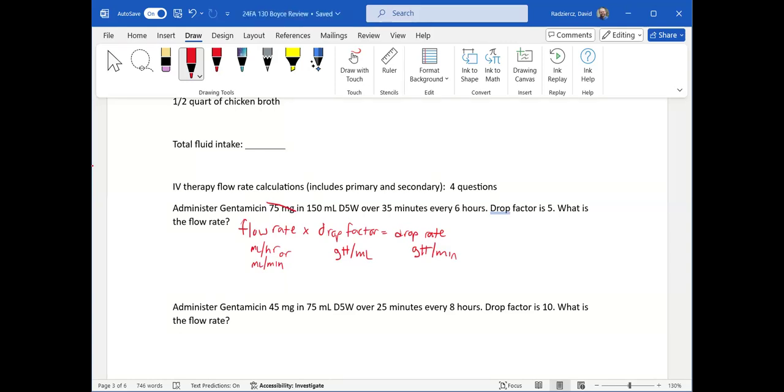So I don't need to worry about 75 milligrams. Sometimes students try to put it in somewhere, but the milligrams has nothing to do with flow rate. The milligrams just tells you what you're bringing in, and it is important from a medication standpoint, but it's not telling you what to set the flow rate to.